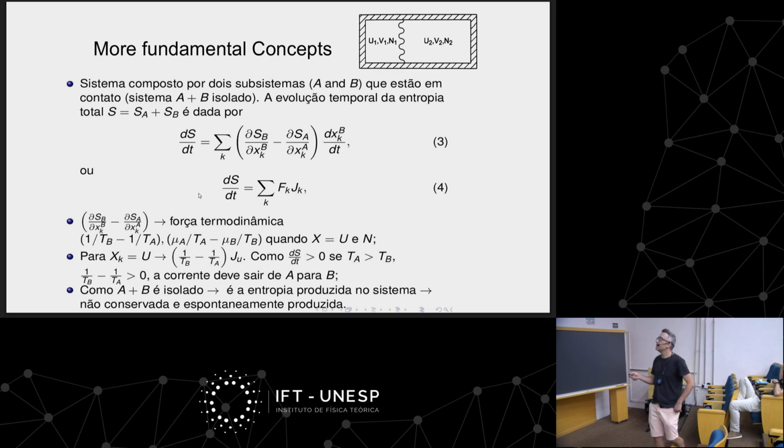This quantity is also referred to as entropy production, and it is not a property of system A or B, it's a property of the composite system. When this is positive, this is different from 0, and it vanishes in the equilibrium regime, when the temperatures are equal, when the pressures are equal, and so on.